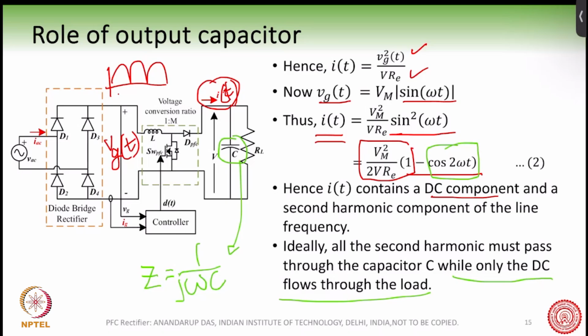Whereas ideally the entire second harmonic should flow through the capacitor. We do not want the second harmonic to flow through the load, because then we will have an additional second harmonic ripple, which we don't want. So we want the second harmonic current to flow entirely through the capacitor, whereas the entire DC component of IT flows through the load.